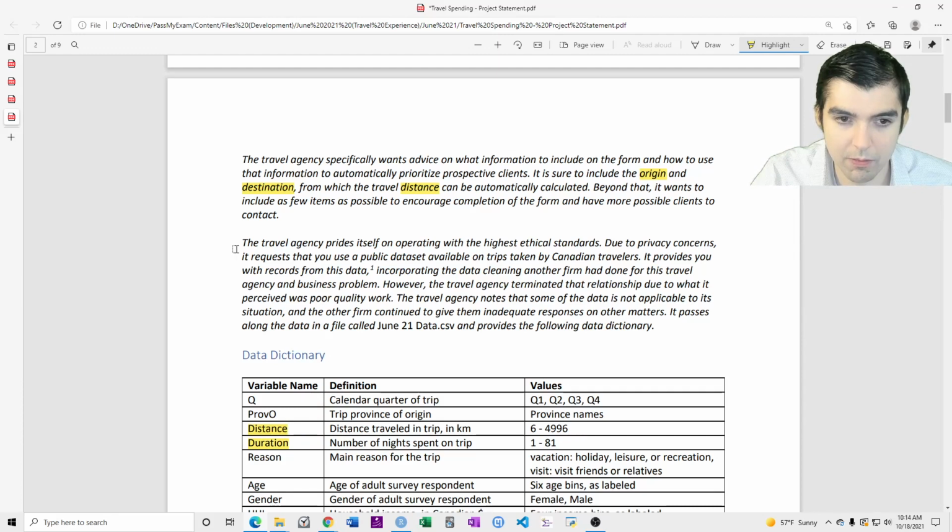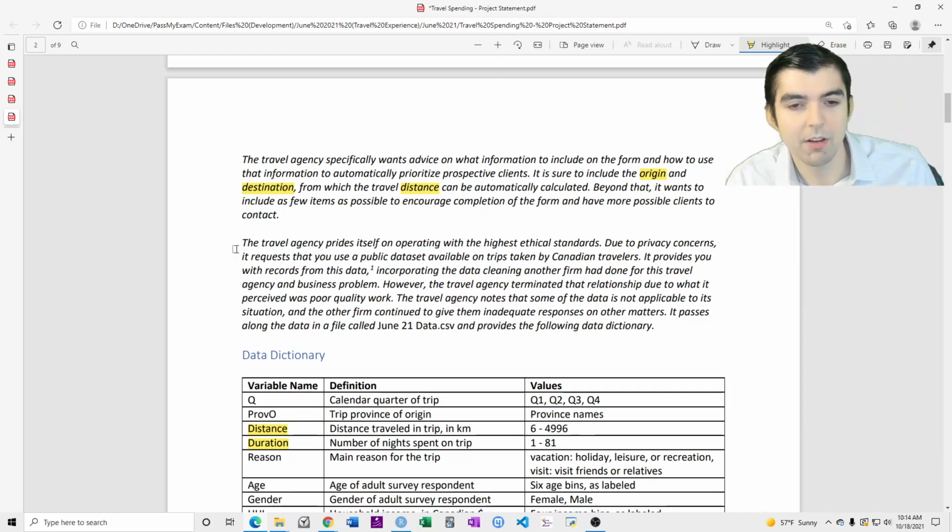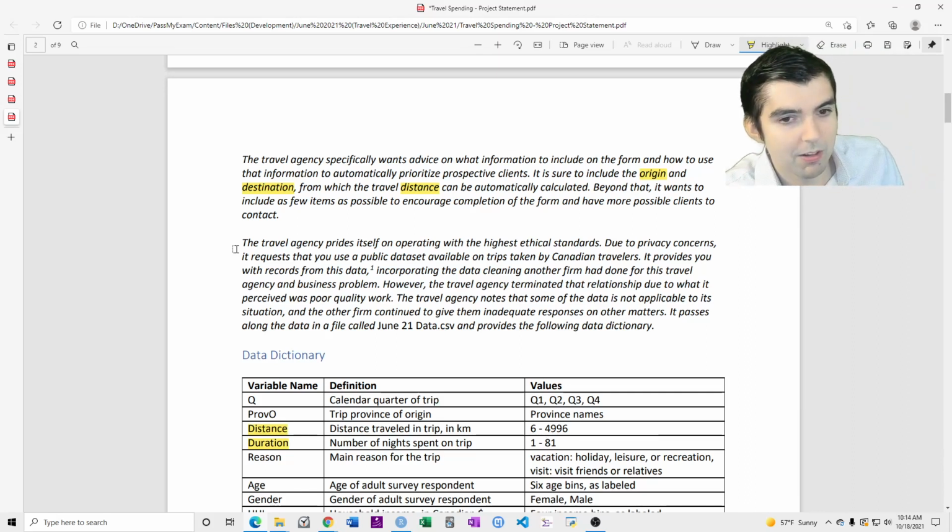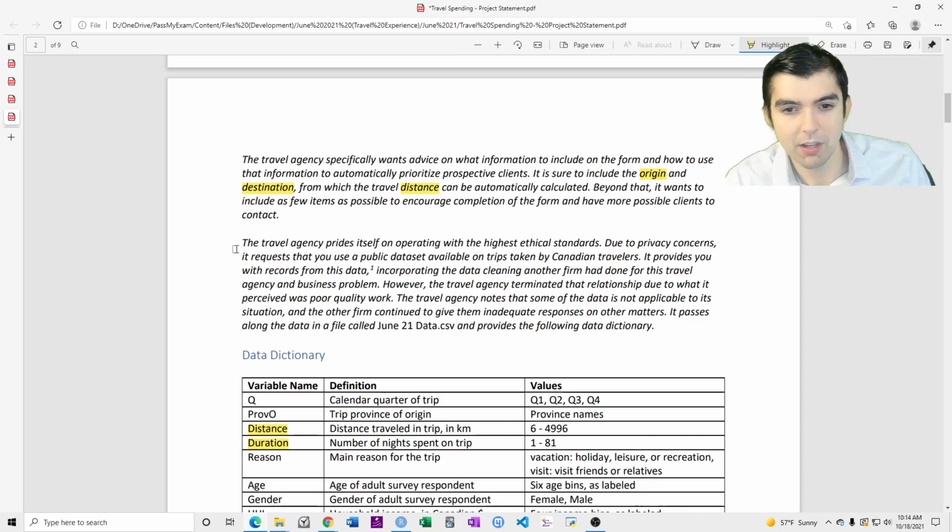right? The travel agency prides itself on operating with the highest ethical standards due to privacy concerns. It requests that you use a public data set available on trips taken by Canadian travelers. It provides you with records from this data, incorporating the data cleaning another firm had done for this travel agency and business problem.